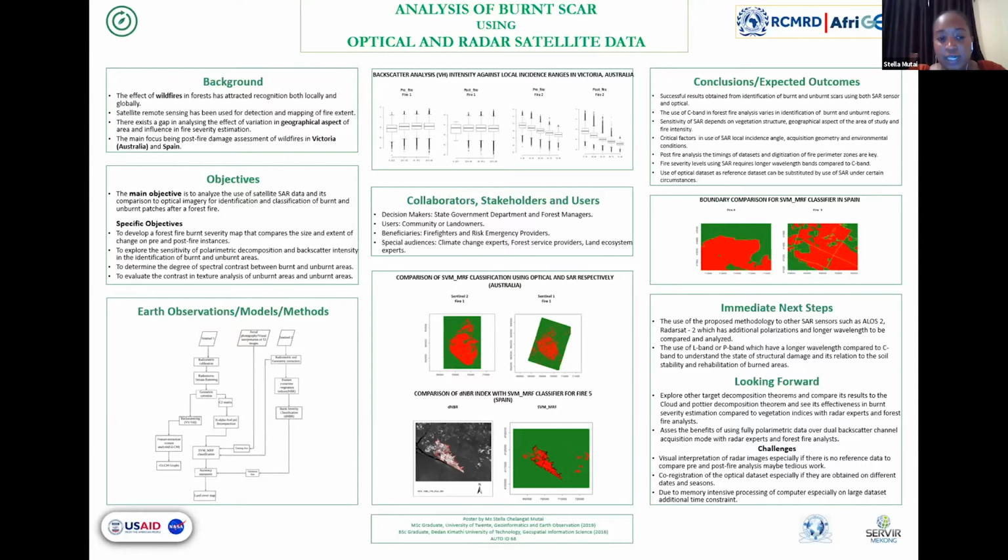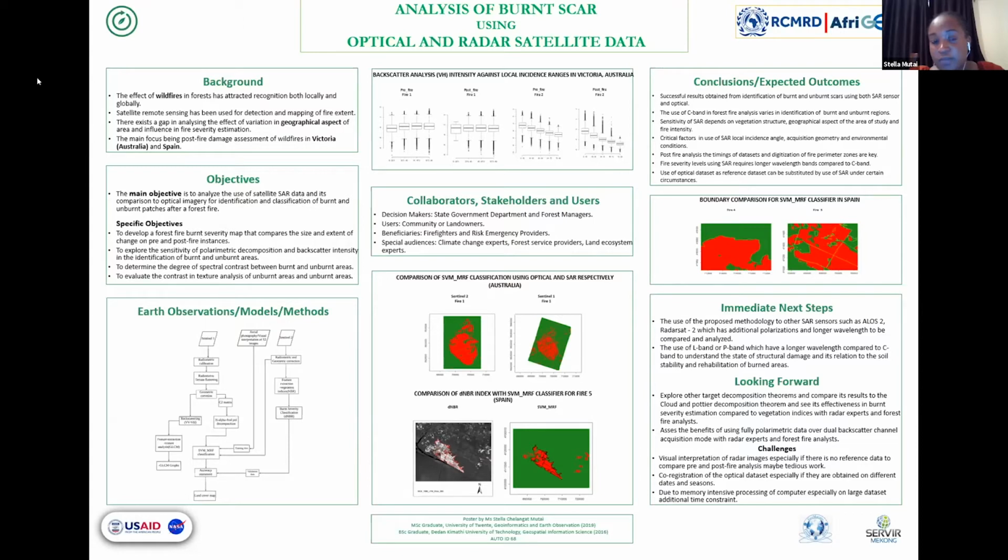For SVM of Sentinel-1, I classified both backscatter and H-alpha decomposition. With the same approach, I also did SVM MRF classification for optical. For my training and test sets, I used the burnt ratio index as the vegetation index for me to be able to identify the burnt areas.